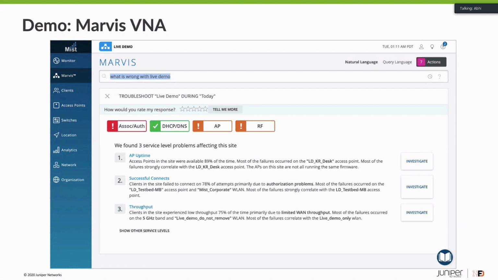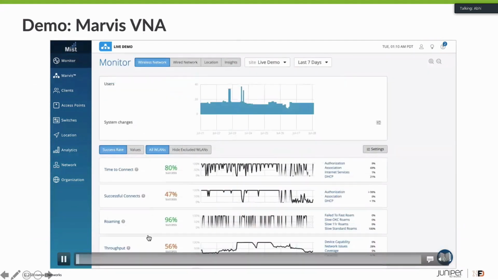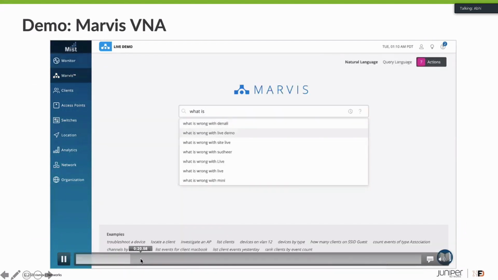We just go through the stack through which every client goes, through association, getting an IP, how the RF is doing from a wireless perspective, how the AP is doing, and all that in a quick blob right up on the top. Now, if you'd like to look further, that's definitely an option, for us to see where exactly the problems are that we are listing.